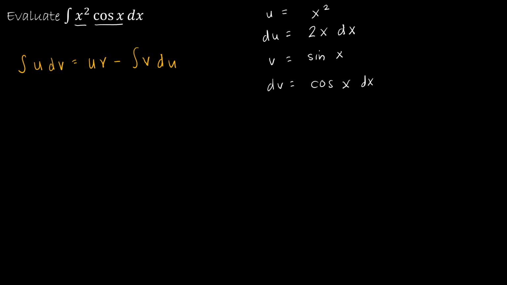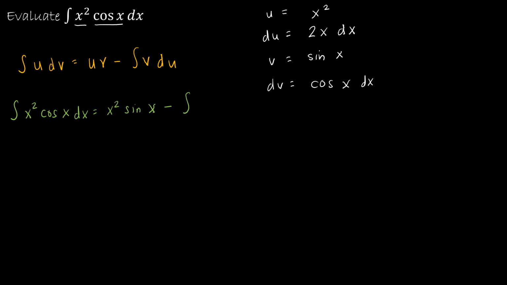So as I'm working through this, the integral of x squared cosine of x dx is u times v, so x squared times sine of x. I'm not even going to put the parentheses because it's perfect, just like that. Rarely happens. Then I get the integral of v du.